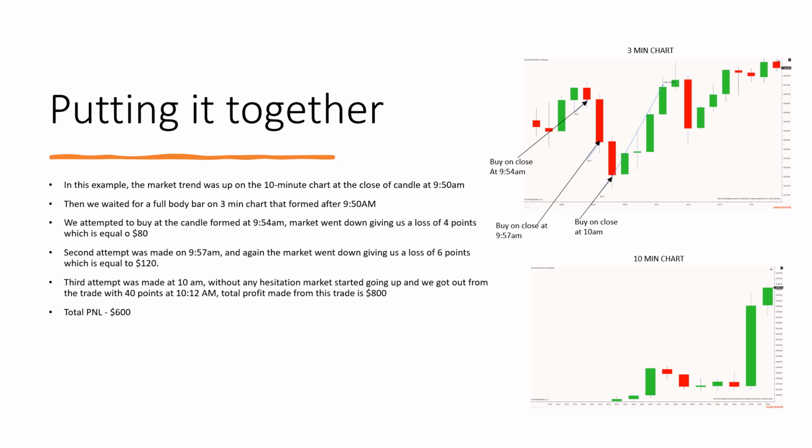It gave a new candle close at 9:57. We bought it again, but the market went down, giving us a loss again. And there was another full body bar at 10 o'clock. We bought it again, putting a stop loss 1 point below that candle, and there you go. Market went in our favor, giving us a big, big, big winner.